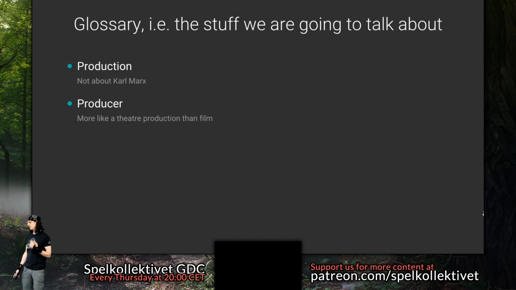It's the most specific in film, and in this case, in the game industry, the producer is more akin to the producer in theater shows, because most of the departments and the management and the specialties of people that you need to complete a theater production can be pretty much one-to-one transferable with game production. So you have the stage setters who are level designers, you have audio engineers, you have actors, you have managers, etc.